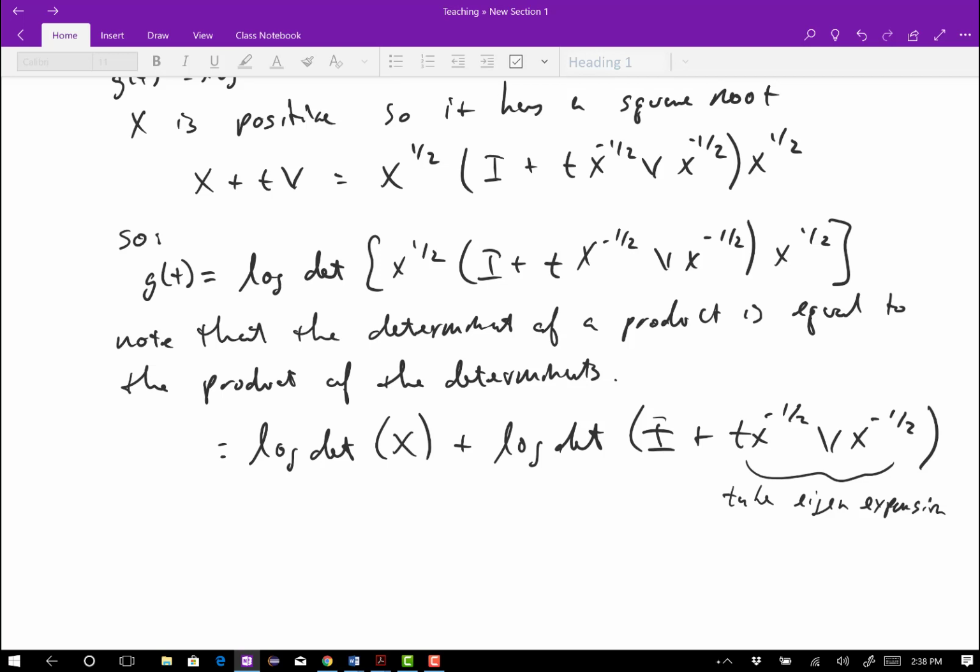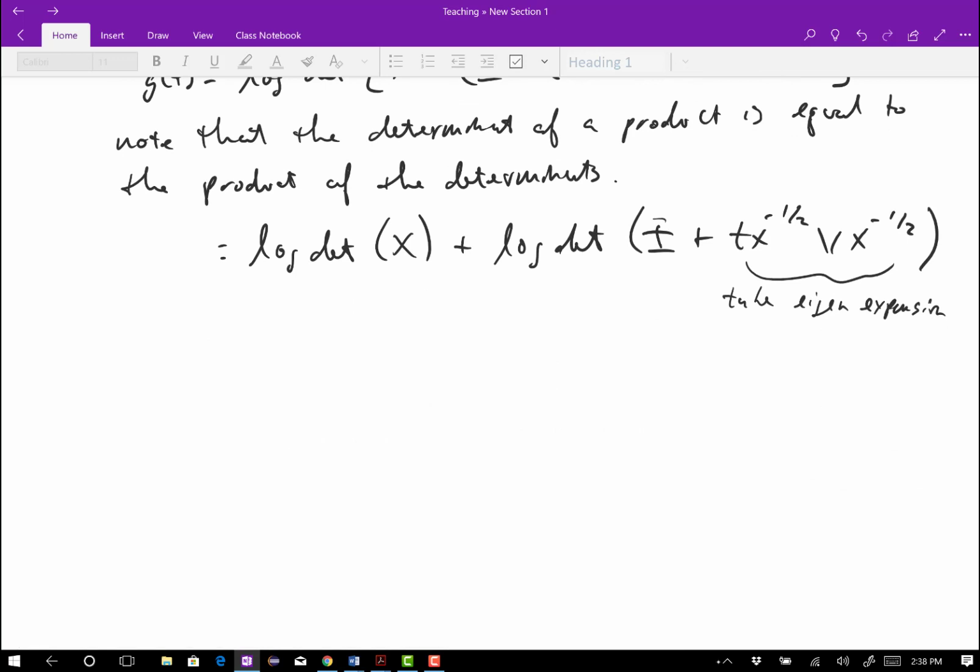So let me write this, and then I'll explain exactly where it all comes from. So we're going to say that this is equal to log det x plus log det of I plus t times q lambda q transpose.